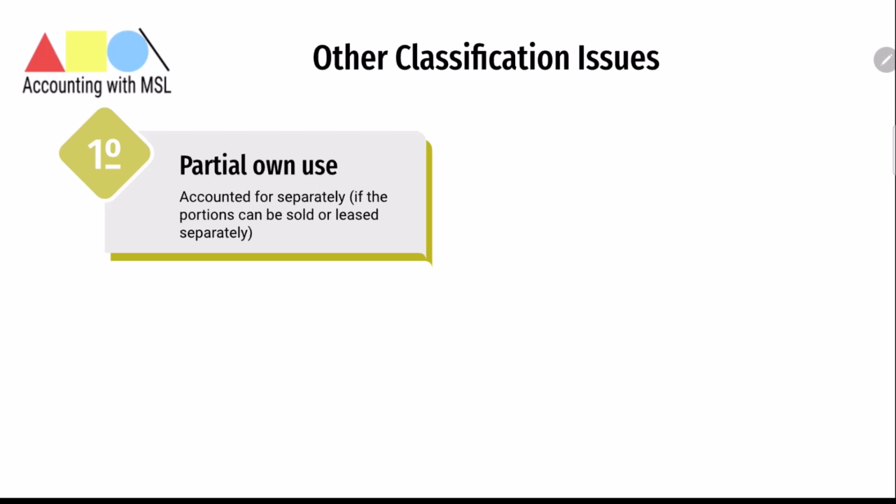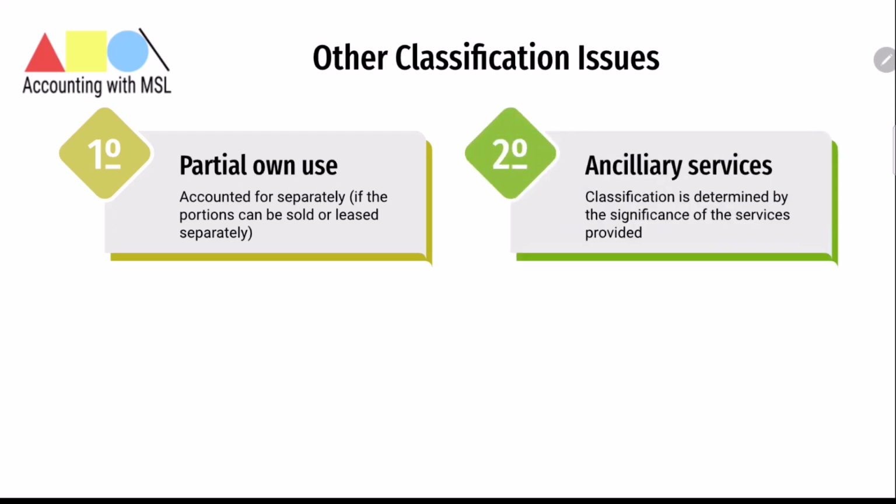The next classification issue will arise in cases of ancillary services. So here, if the entity provides ancillary services to the occupant of a property, then the appropriateness of the classification as investment property is determined by the significance of the services provided. What do I mean? If those services are a relatively insignificant component of the arrangement as a whole, then in this case, the entity may treat the property as investment property.